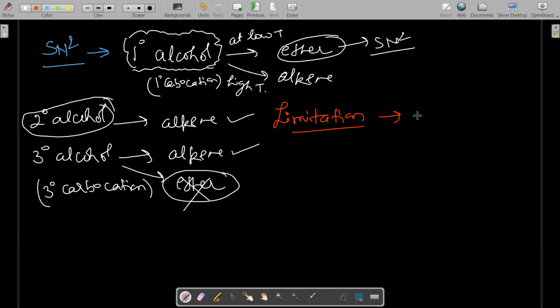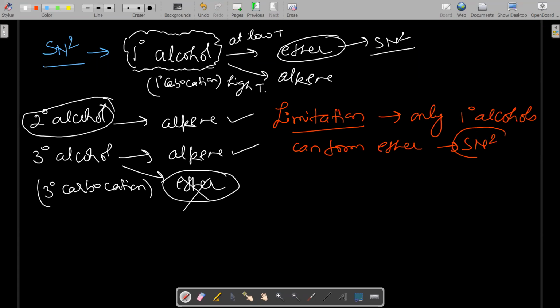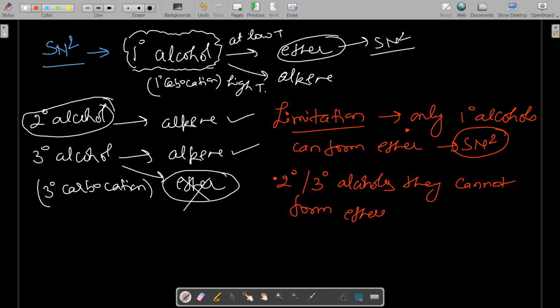The limitation of ether formation is that only primary alcohols can form ether due to the SN2 mechanism, and secondary and tertiary alcohols cannot form ether, but they can form alkene, whether at high temperature or low temperature.